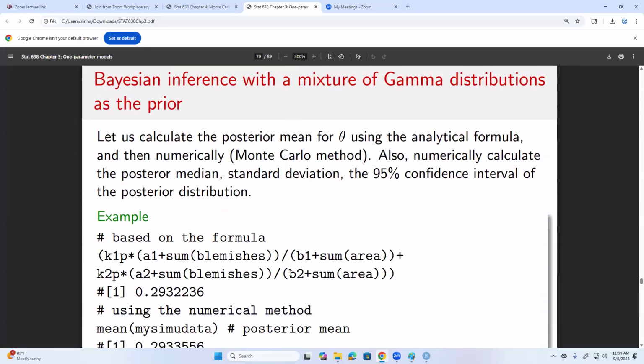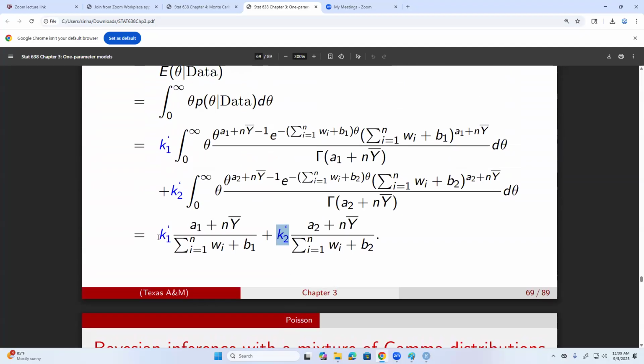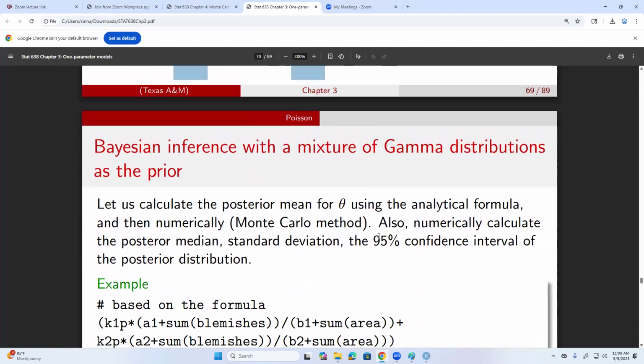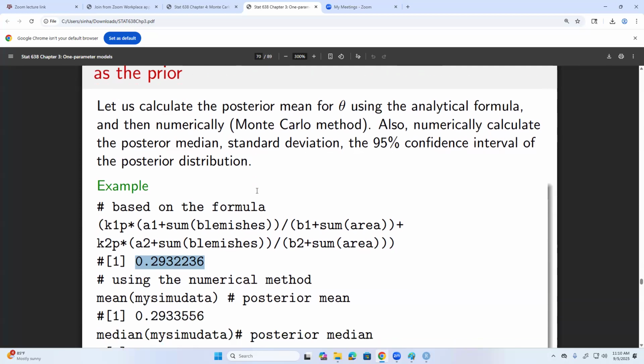Next, let us calculate the posterior mean for theta using the analytical formula. So here you have this analytical formula, apply that. We use that analytical formula, came out to be 0.2932. Next, also numerically calculate the posterior mean, median, standard deviation, the 95% confidence interval of the posterior distribution.